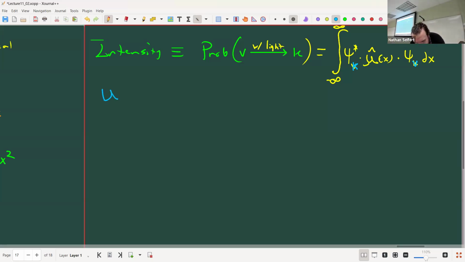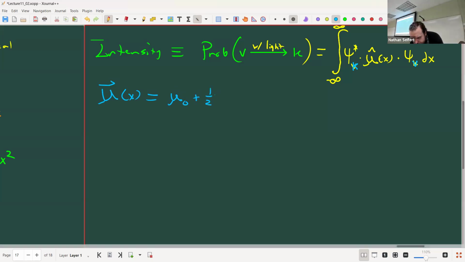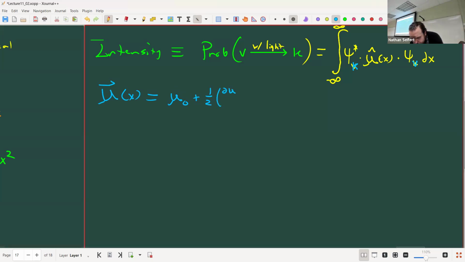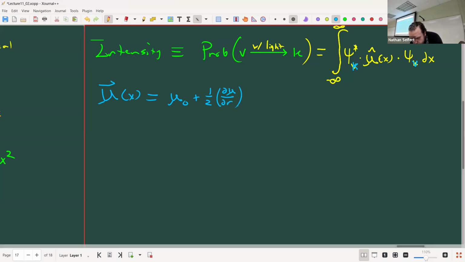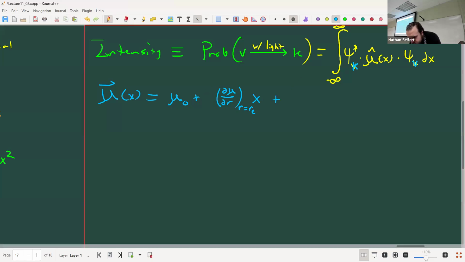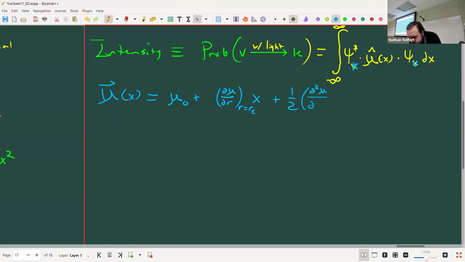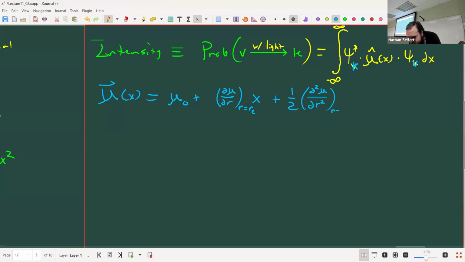All right, and mu of x, we've already written down. It's just some number mu naught, which is the permanent dipole moment, plus some number, times the derivative of the dipole with respect to position, evaluated at the equilibrium, times x. Sorry, I didn't mean to have the 1/2 there. That goes to the next term: 1/2 times the second derivative with respect to x evaluated at r sub e, times x squared.